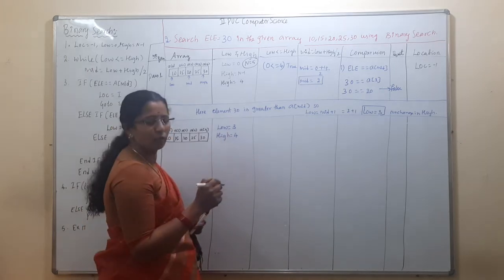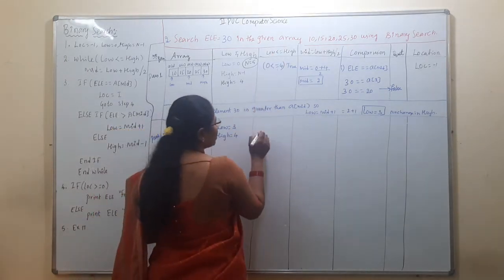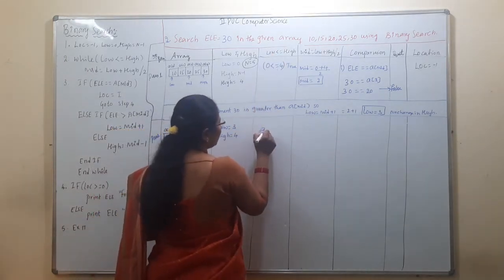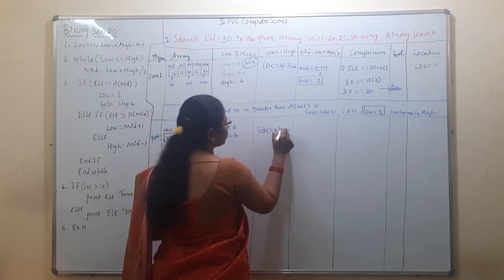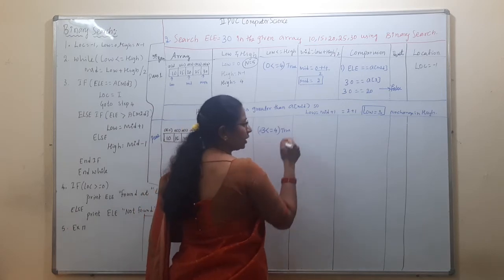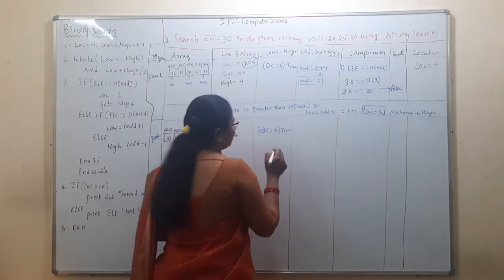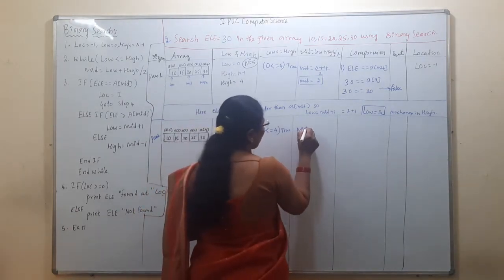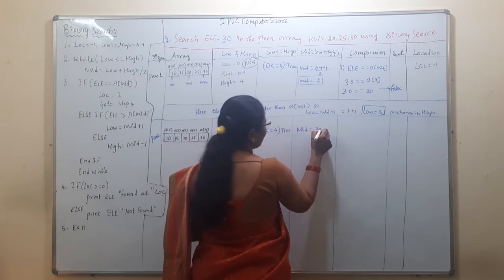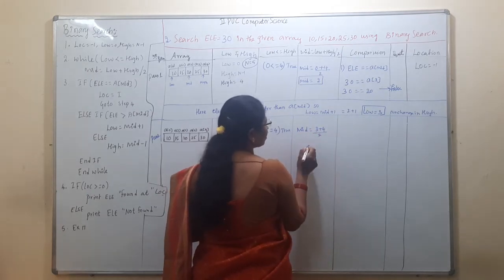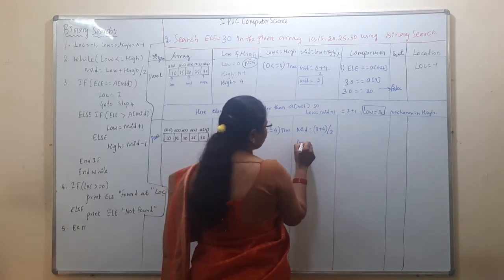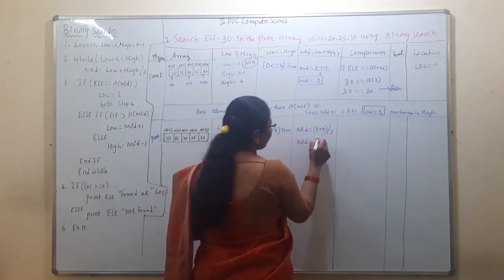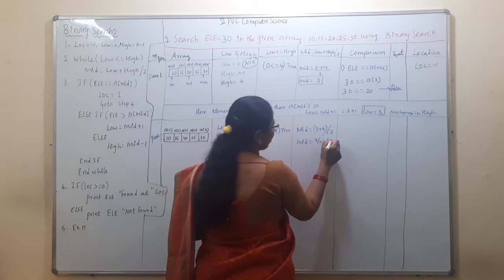High remains 4. Again comparison: 3 is less than or equal to 4. Yes, the condition is true. If this is true, then only we are continuing the process. Then finding the mid value, mid equal to (3 plus 4) divided by 2, you will get mid equal to 7 by 2, that is 3.5.